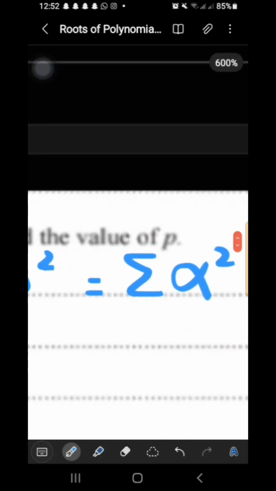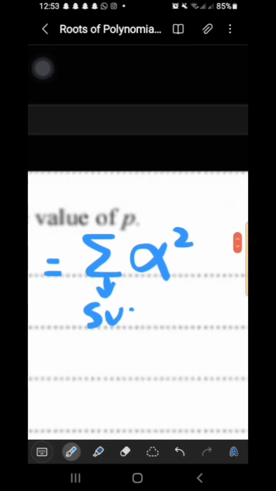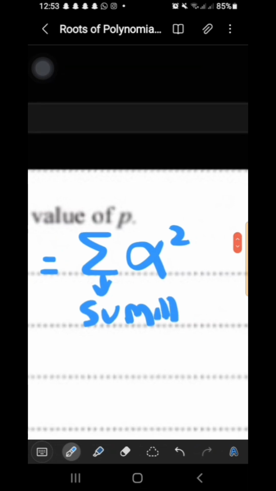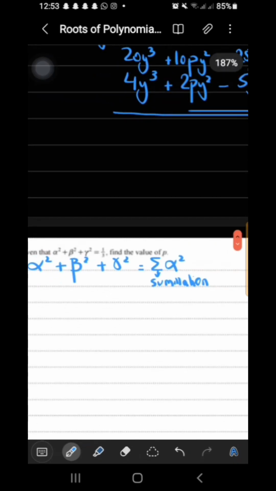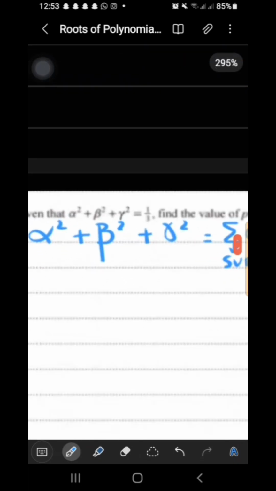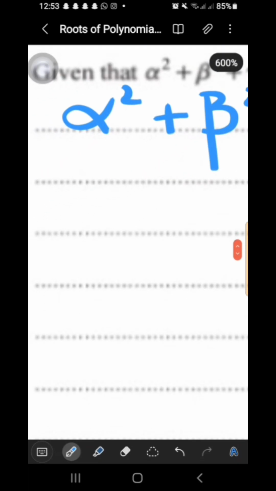This sign is known as summation, which means sum. We can write it like this.